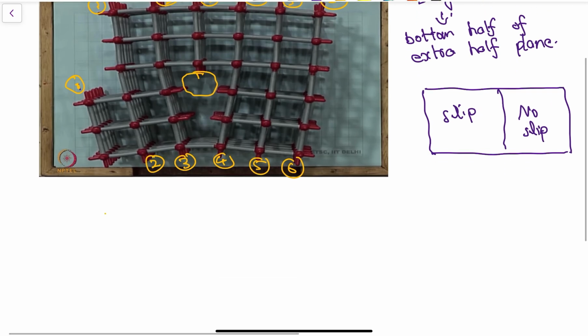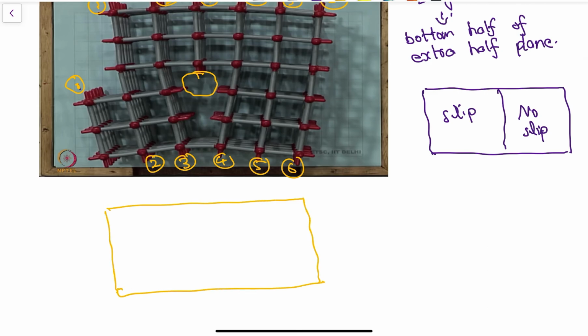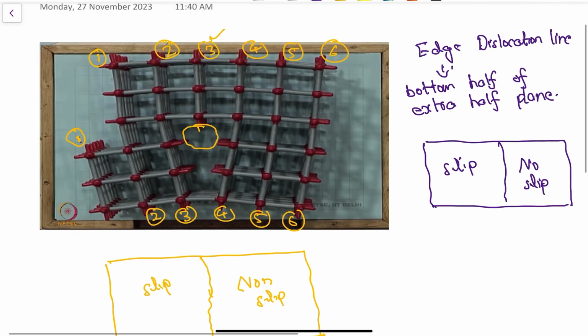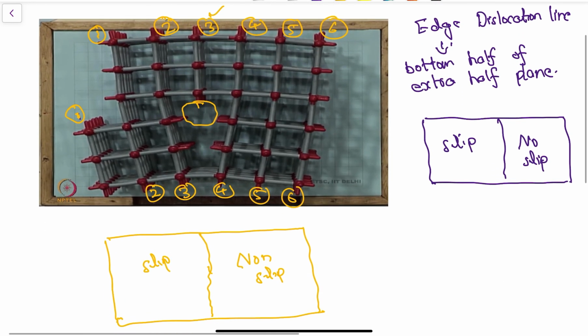So it is the separation between slip and no slip. You can see that the slip occurred up to here, and after that there is no slip. So this is one way of approaching the edge dislocation line.